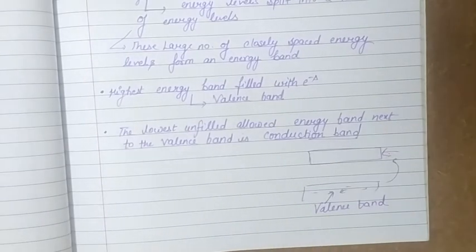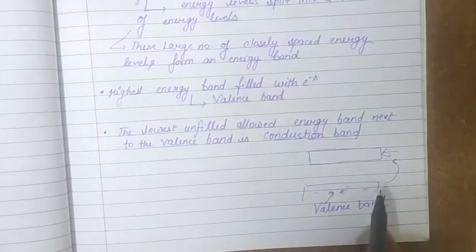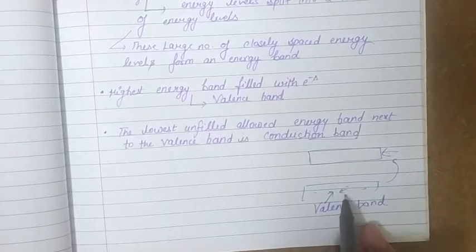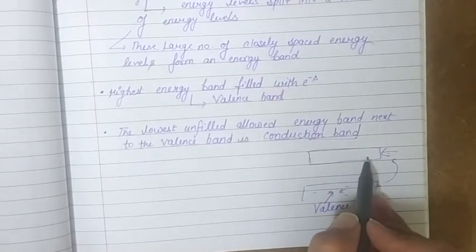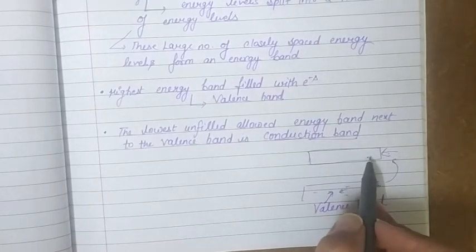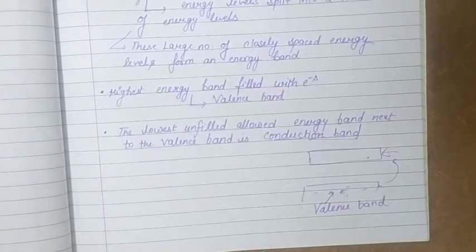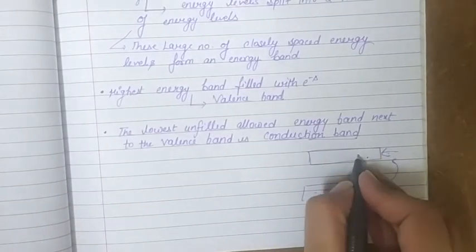So if some solid material has conductivity, then that means its electron are capable of moving or jumping from valence band to conduction band. Only then they can conduct, or they can show the conductivity. So for that, electron has to jump from valence band to conduction band.